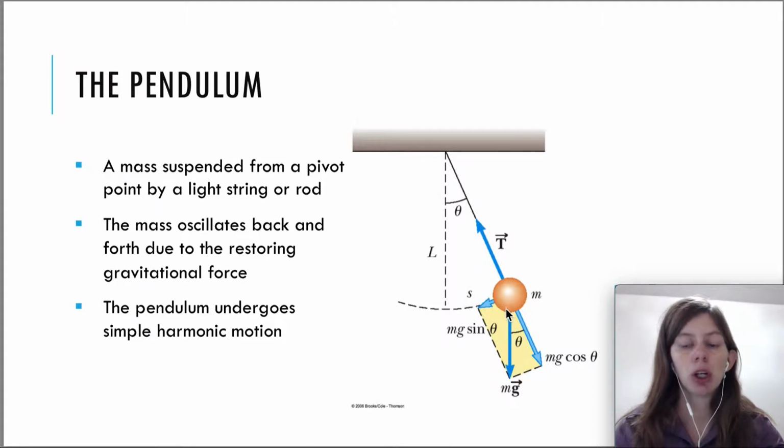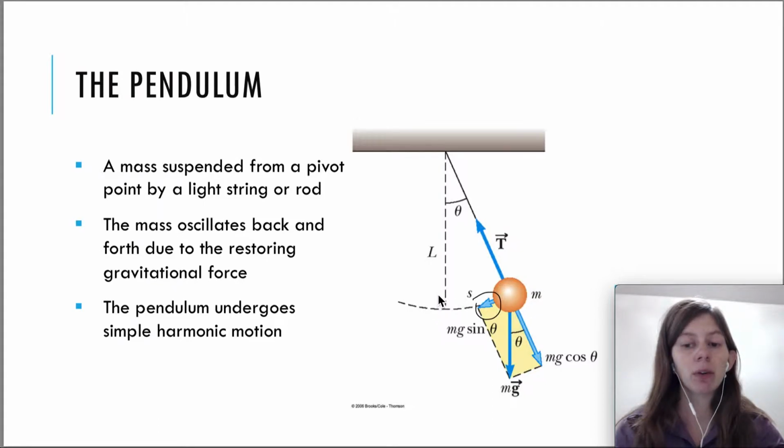But what this picture shows is that the gravitational force has an x component here that is the force that is causing this motion. It's causing it to oscillate back and forth. So that's why we're calling it the restoring force. It's bringing the object back to that equilibrium position.